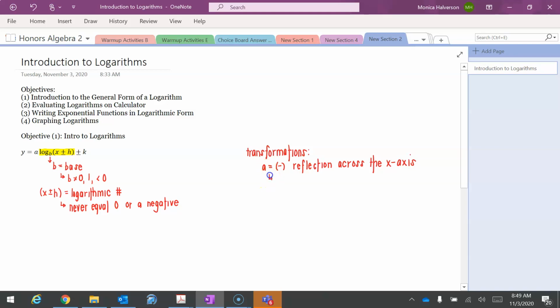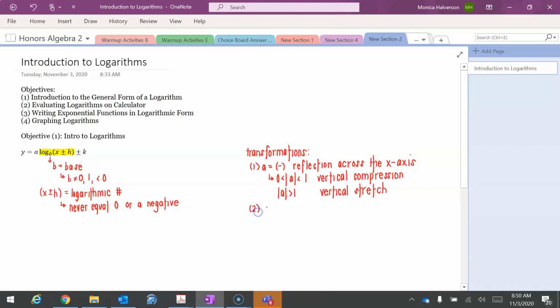If the absolute value of a is between 0 and 1, we have a vertical compression. And if the absolute value of a is greater than 1, we have a vertical stretch. Okay, so that's the first set of transformations.